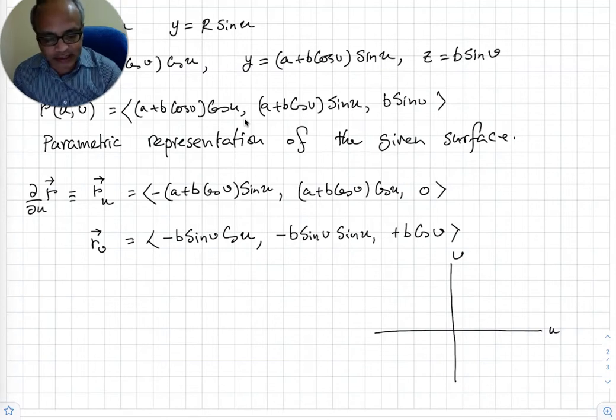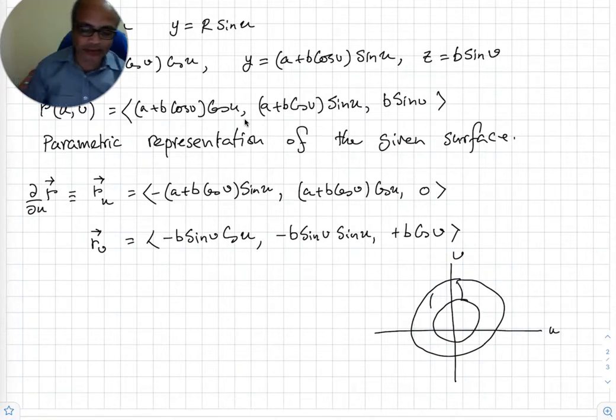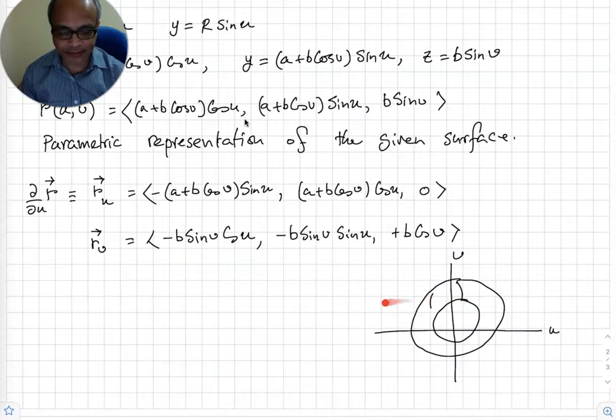Maybe it stays very similar, or it may change. So let's assume this is what it is. When I differentiate with respect to u, I assume v is fixed. So maybe somewhere v is fixed on this line. So v is fixed. When v is fixed, that means you are on some cross section.